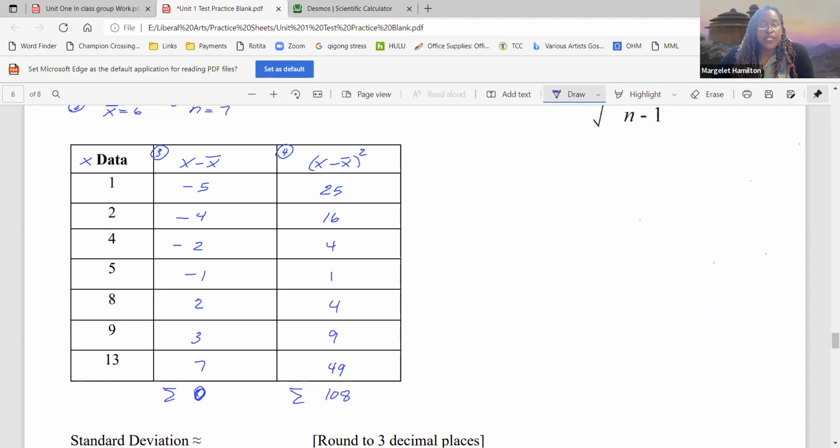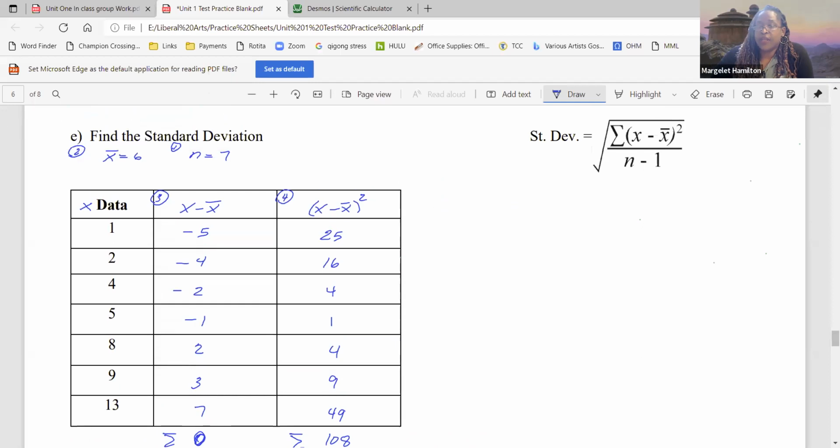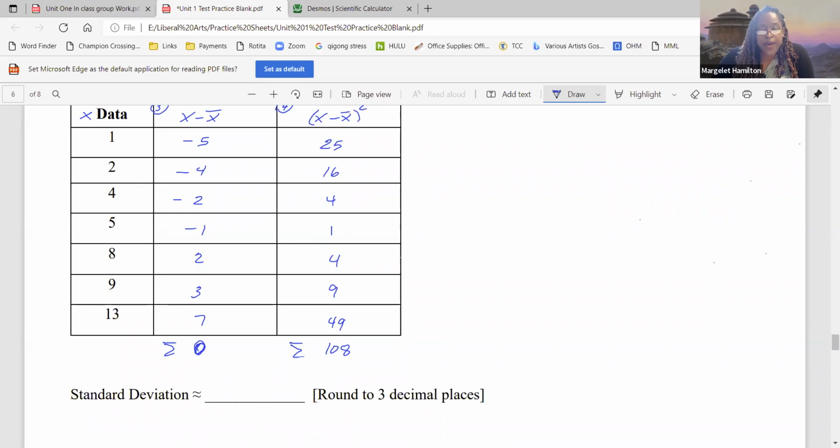Now we did all of this just so we can get to this part right here, this 108, so that we can fill it in right here. All that work got us this part right here in the numerator. So now we're at, this is step 5 right here. Now we're at step 6.